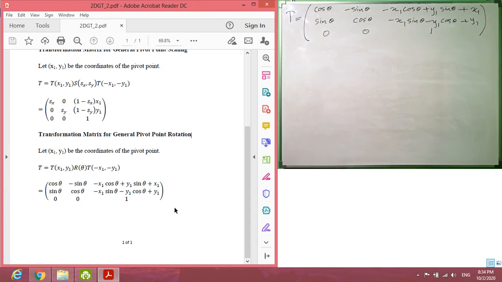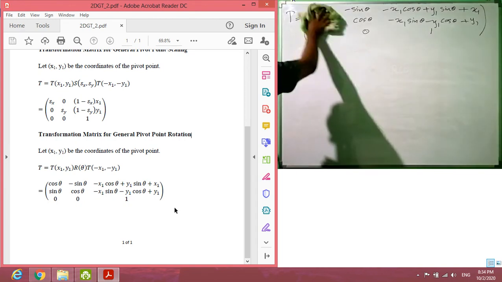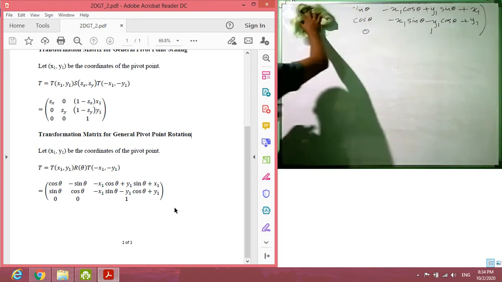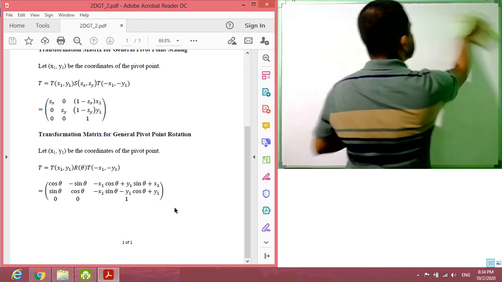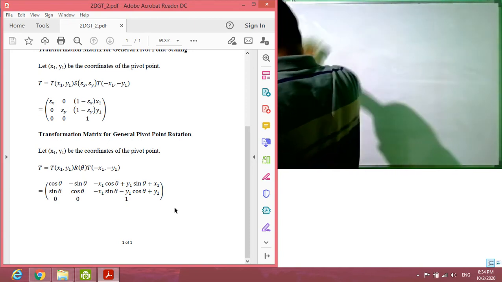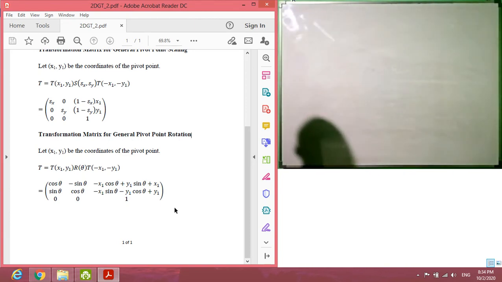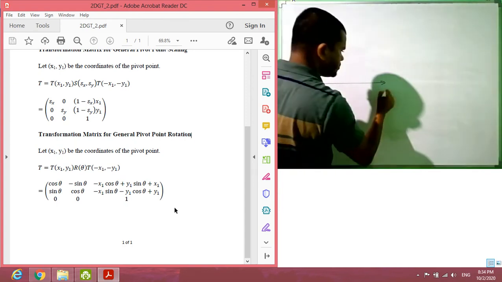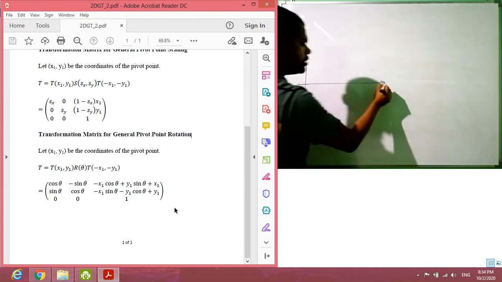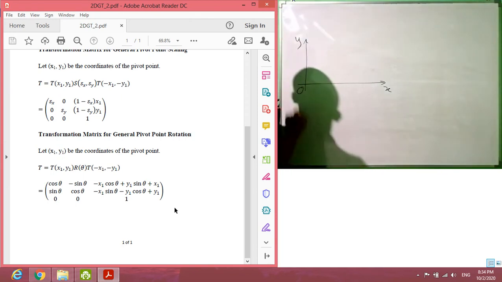If you are familiar with matrix multiplication, this one is very easy, but the logic is the important one. So I will again explain. Now we have xy origin.